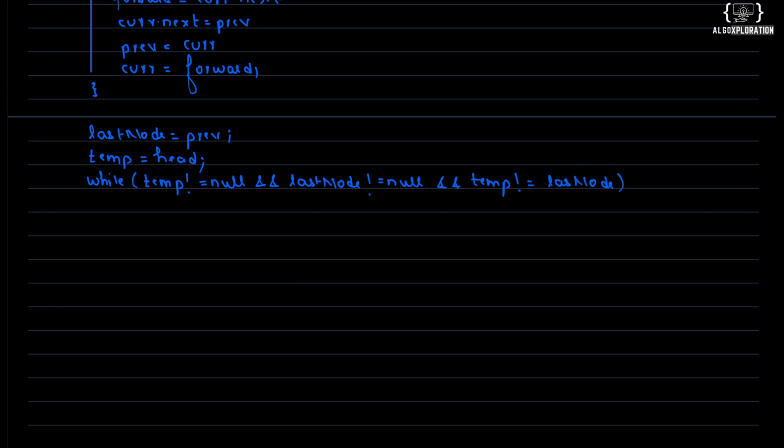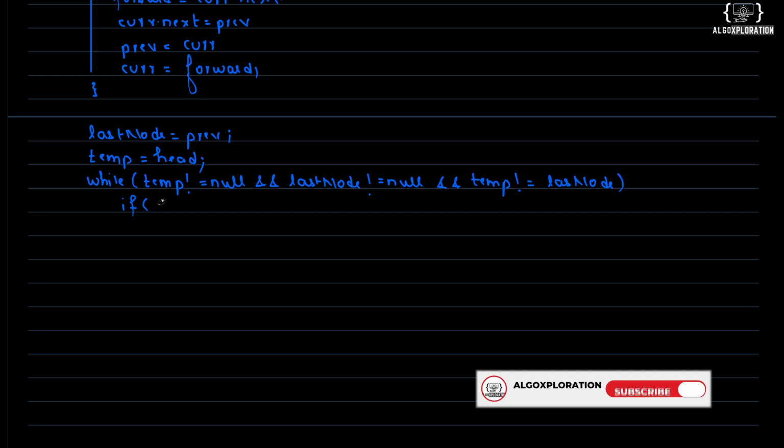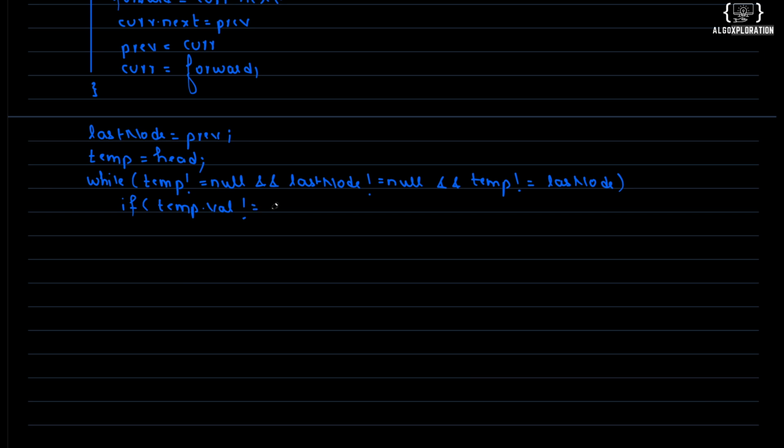Both the addresses should not be equal. Now if I find that the values are different, I'll simply terminate the loop and return false. So if temp dot value is not equal to last node dot value, I'll return false.